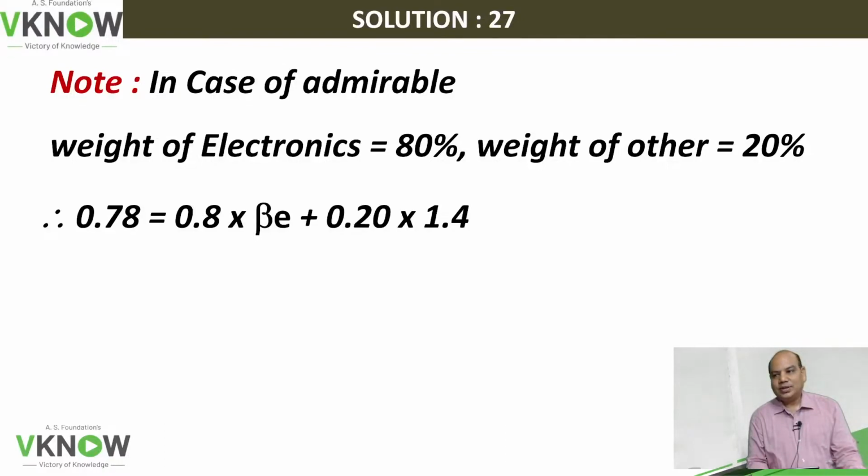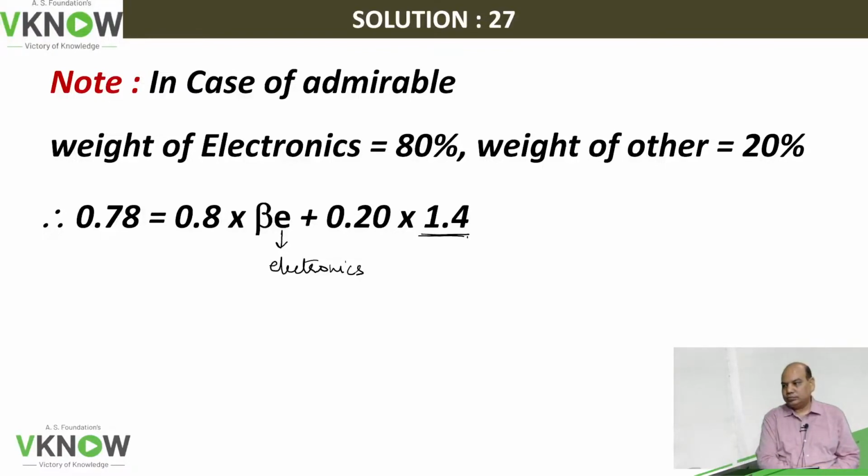Therefore, 0.78 is equal to 0.8 into beta of electronics, where E stands for electronics business, and 0.20 into overall beta of other business 1.4. Please solve the equation. You have to find this missing figure.